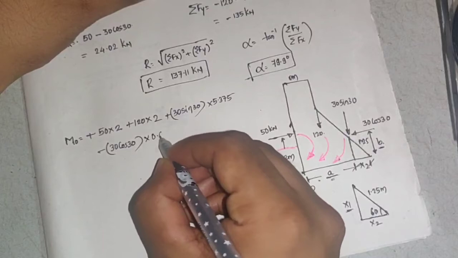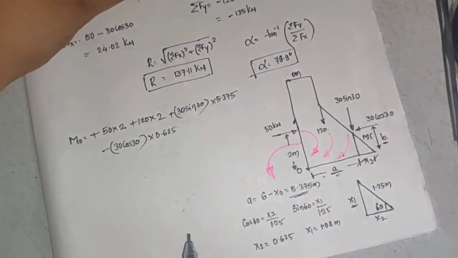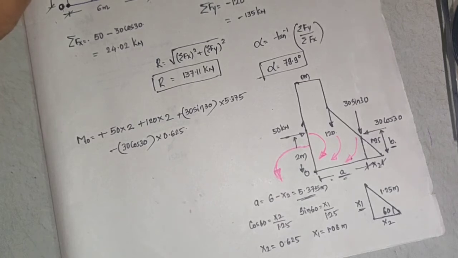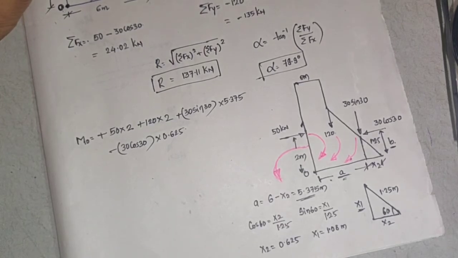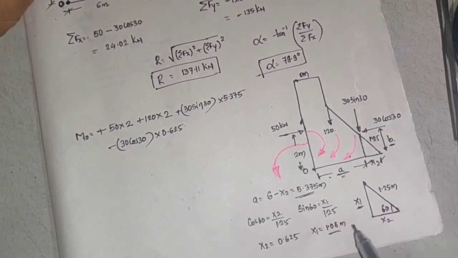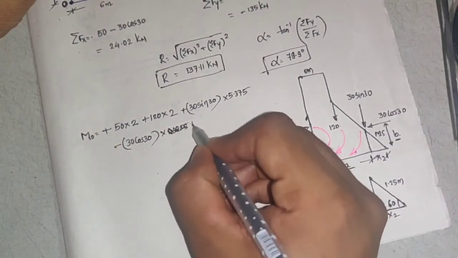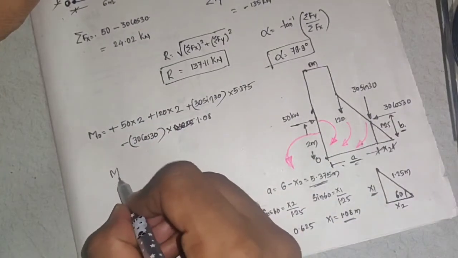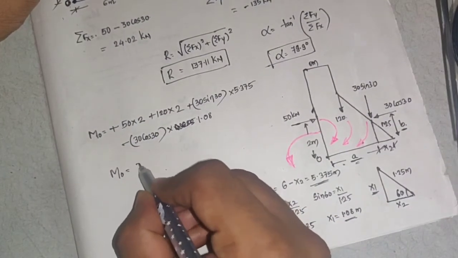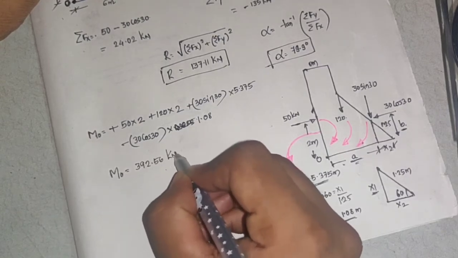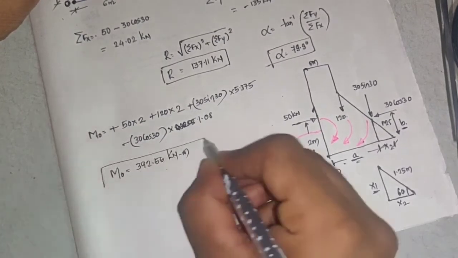So x1 is how much? Not 0.625, x1 is 1.08. So solving this, I'll get moment about O as 392.56 kilonewton meter.